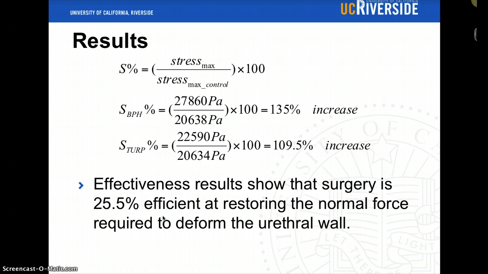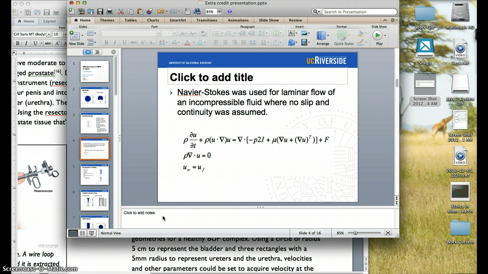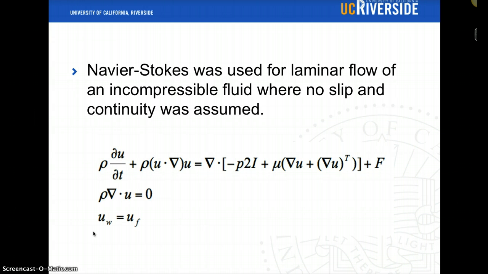They talk about the increase in flow and the decrease in stress, and so that's about it. The conclusion showed that obviously the operation is better because it reduces the stress.